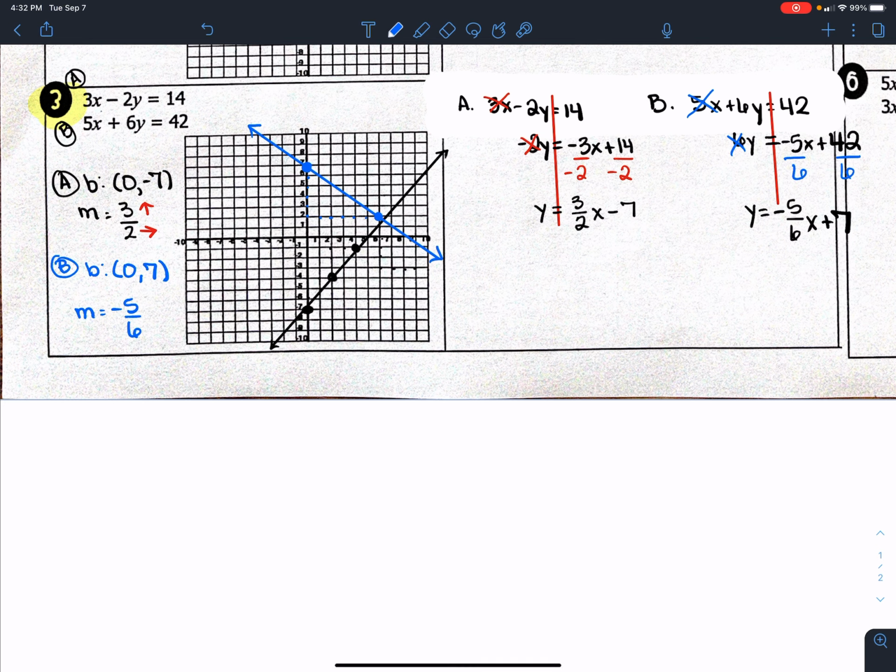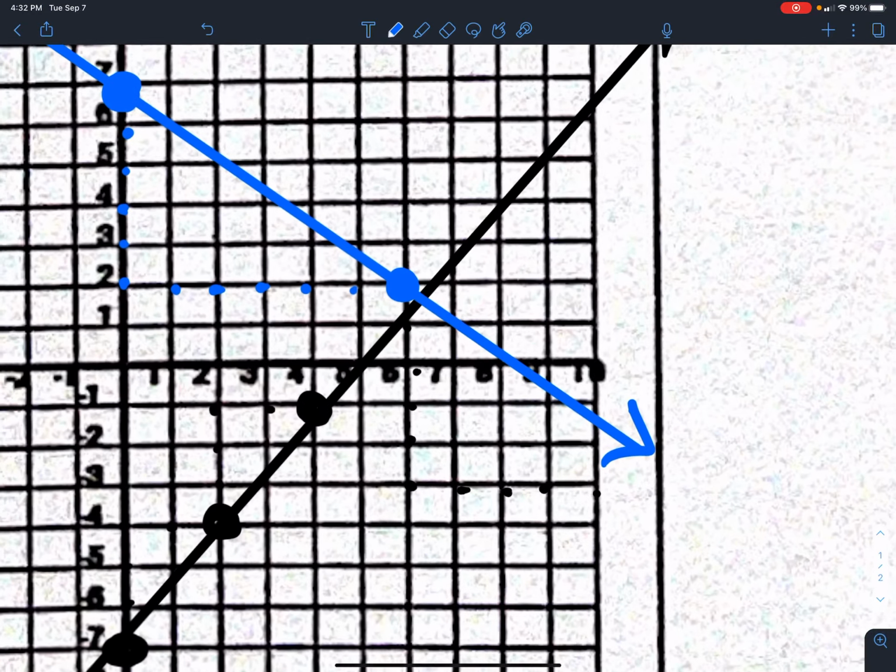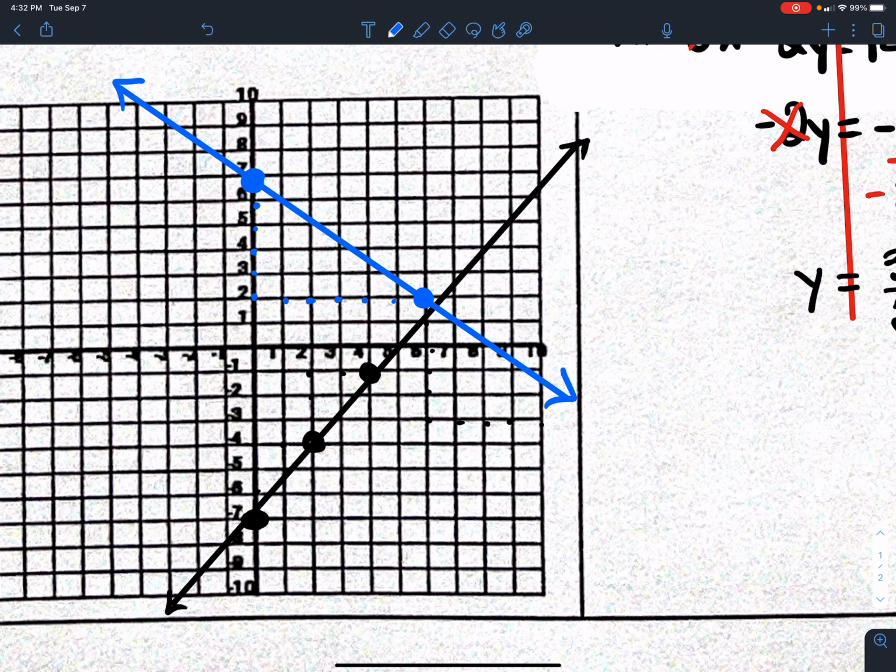Okay. Now here's the problem with graphing. If we don't get our lines straight enough, we end up with something that looks like that, where we can't really tell exactly where the 2 lines intersect. I will tell you though, in this case, if my line was straight and accurate, they would actually meet right where these 2 are.